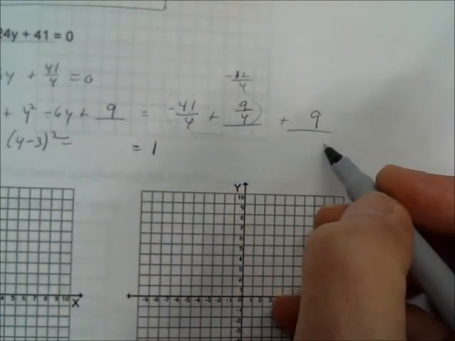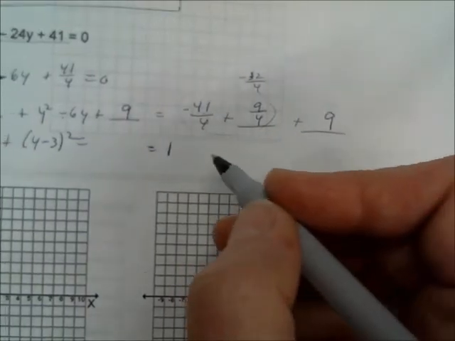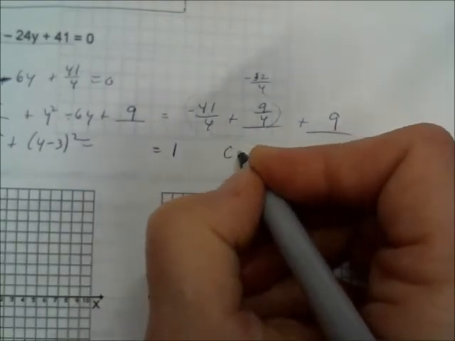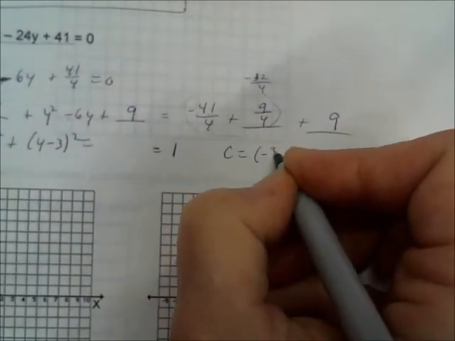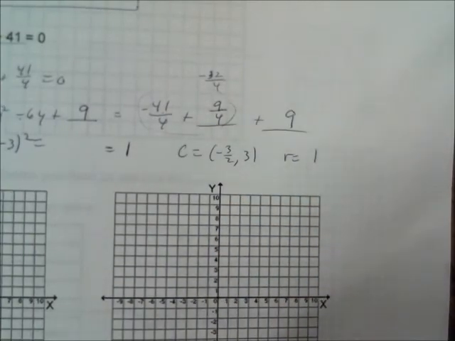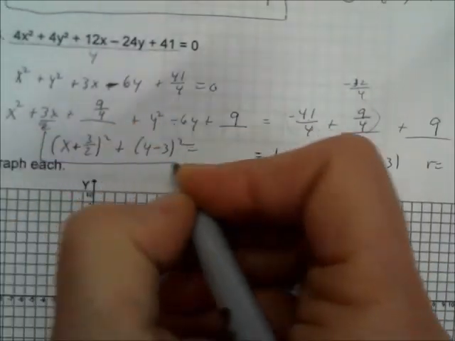So you can put those in your calculator if you want, but I'm pretty sure this answer is 1. So the center is at negative 3 halves, comma 3, and the radius is the square root of 1, which is 1. So here's the equation of that.